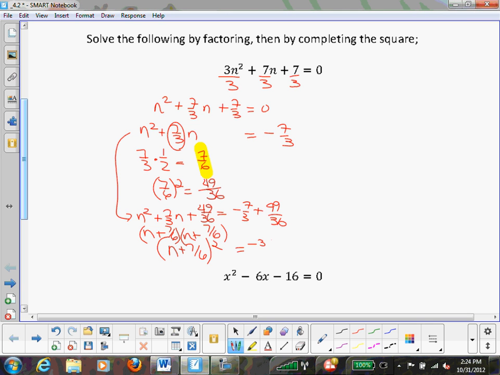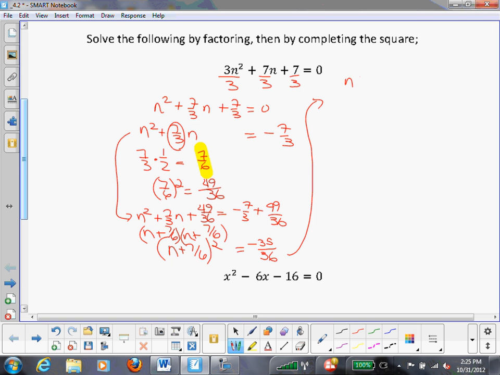Negative 35/36. Negative 7/3 plus 49 over 36. Right? Because that's 49 over 36 is what I added to both sides. Right, Rachel?